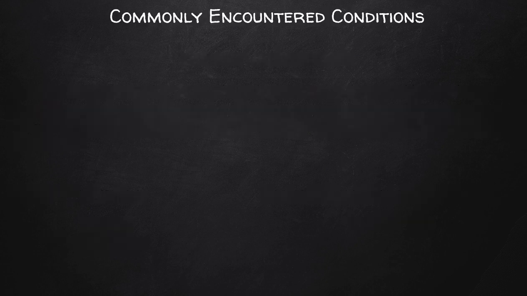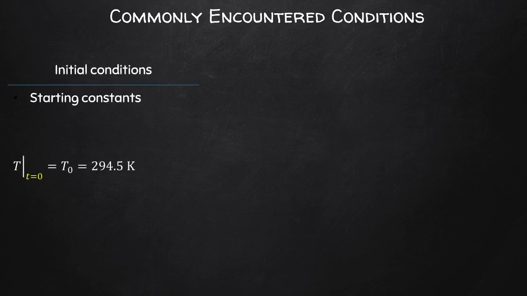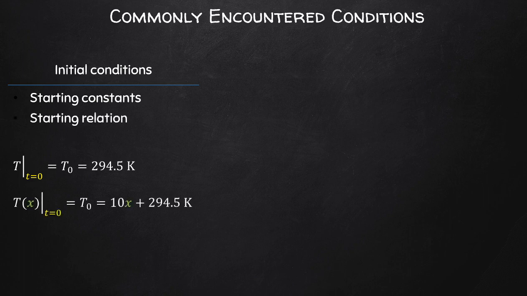Right, let us quickly consider some boundary conditions and initial conditions. How will we generally read this from our problem statements? Well, first off, we may be provided some constant temperature at a time of t equal to t0, or we could also be given a relationship for temperature T as a function of its position.